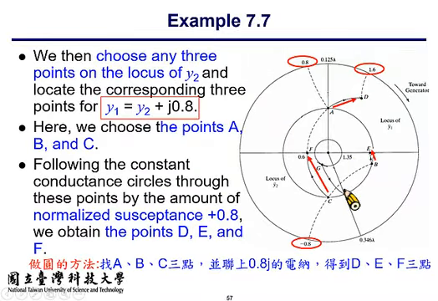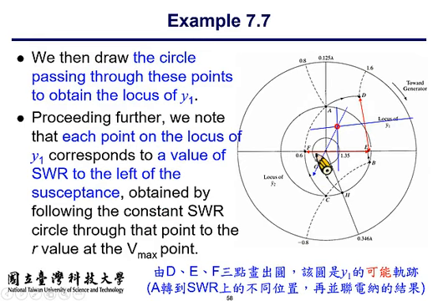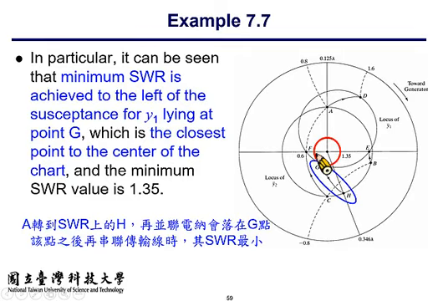All right. So again, as I already demonstrated, to draw the blue circle, you need to find 3 positions, find a resultant admittance, such as from C to F, B to E, and A to D. With D, E, F at hand, 3 points, you can draw the circle, and the circle represents all the possible results of connecting the shunt susceptors.